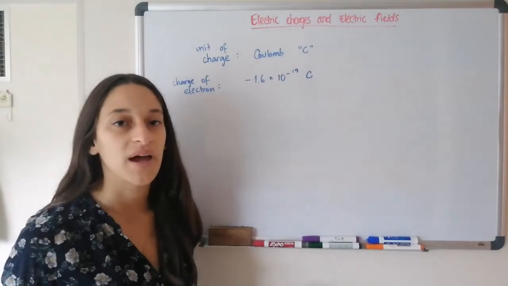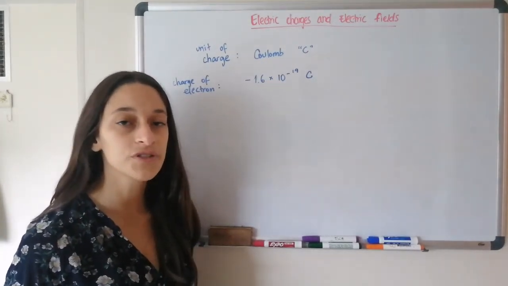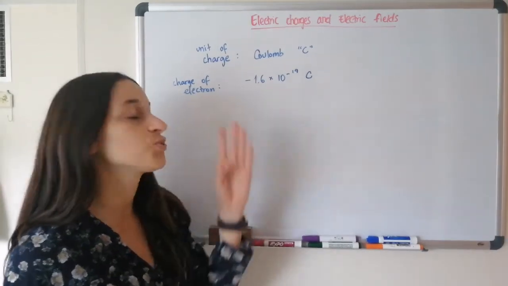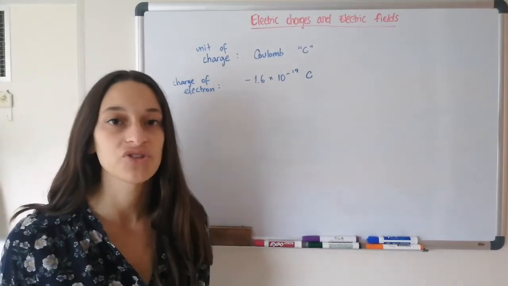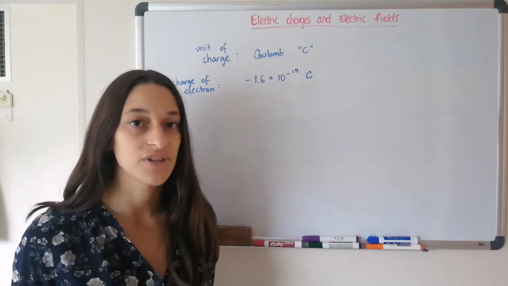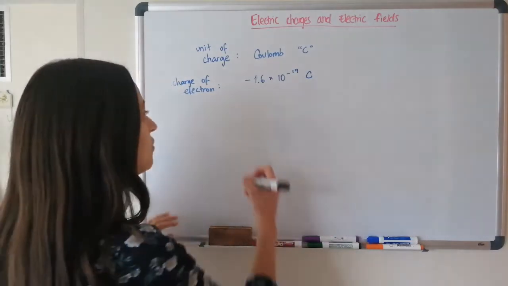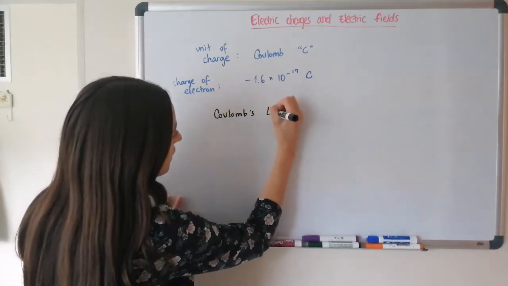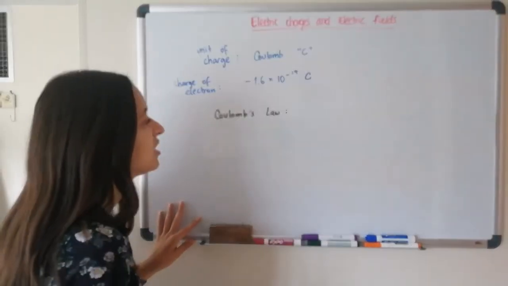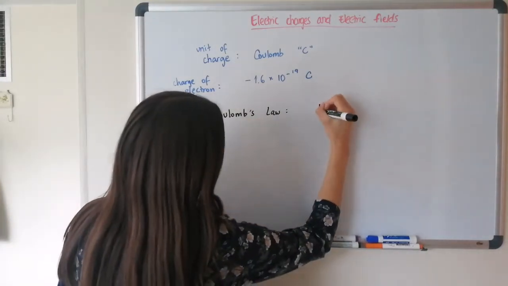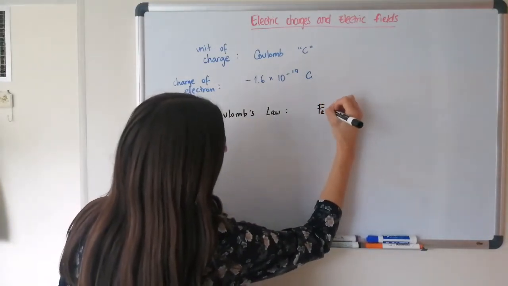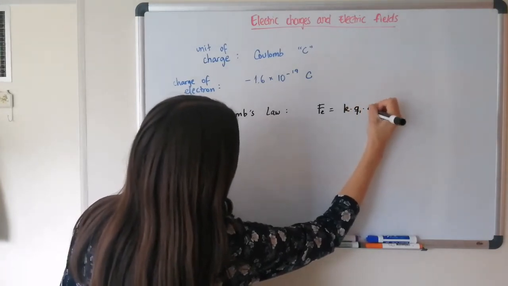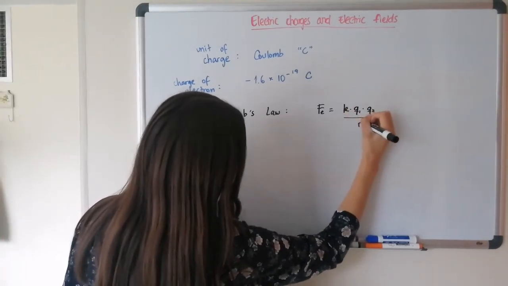If I want to figure out the force, the electric force between two electric charges, maybe between two electrons or groups of electrons, how could I calculate that? So that's called Coulomb's law. And Coulomb's law says that the electric force is equal to K times Q1 times Q2 over R squared.